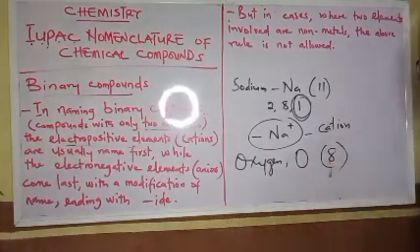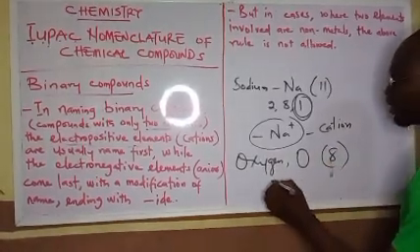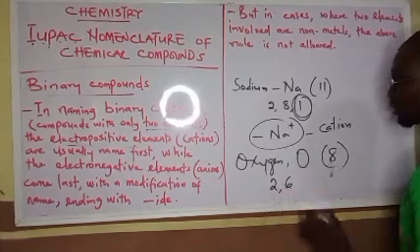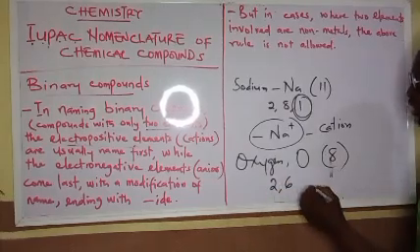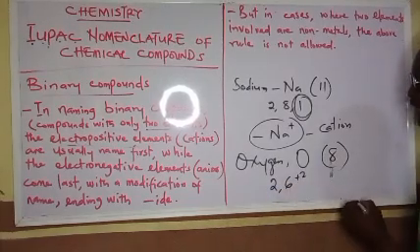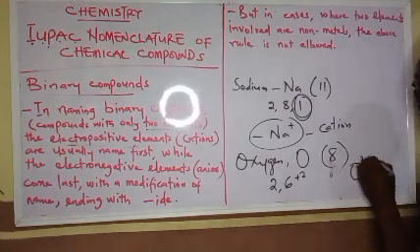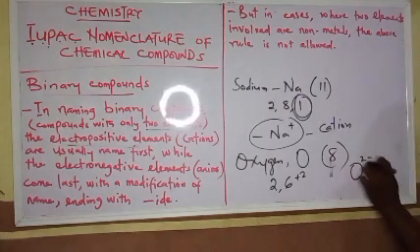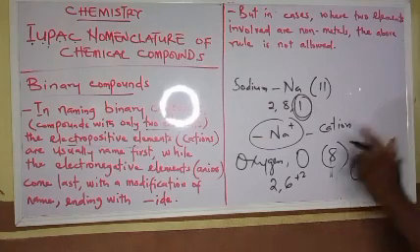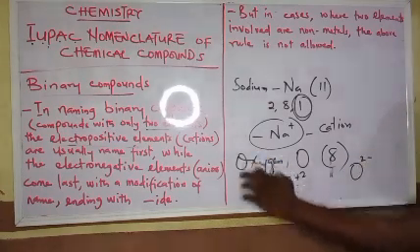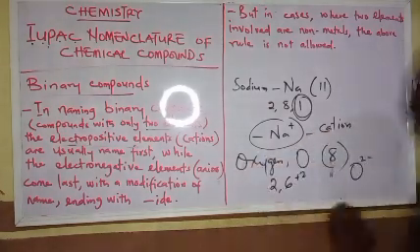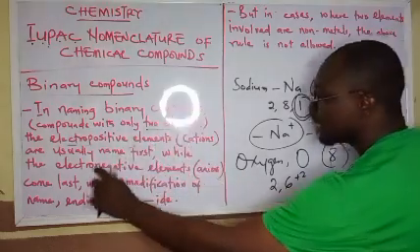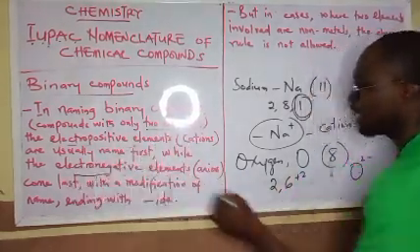So the electronic configuration is 2,6. Anytime oxygen gains 2 more electrons, it becomes negatively charged. That is, this 2 minus means it gains 2 electrons. So we call oxygen an electronegative element.